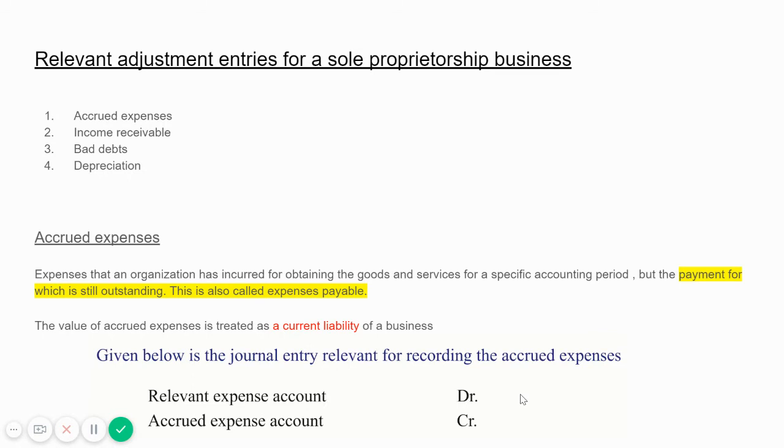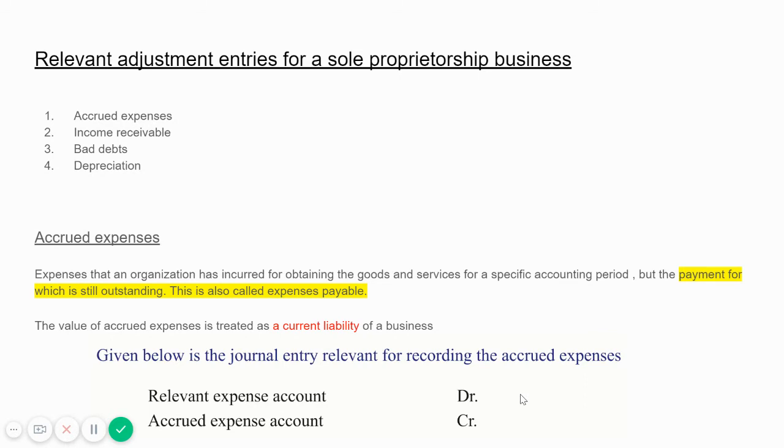If it's a bank loan interest, it will be the bank loan interest account. So like this, the relevant type of expense account will be debited, because we know already all the expense accounts are debit balances. So if we have to pay more, then the same expense account we will be debiting more. Right?